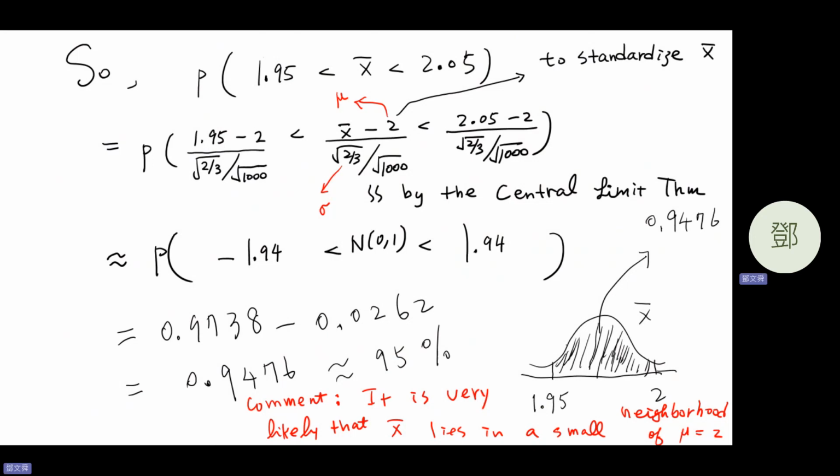So this is a small neighborhood of mu equal to 2. Here, it is 2.05, and here it is 1.95. And this part is a small neighborhood of 2. All right?